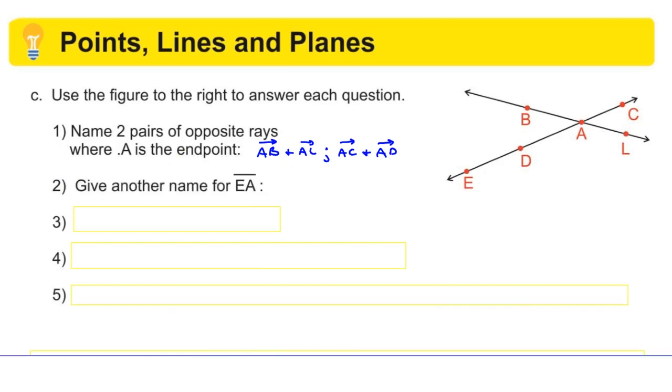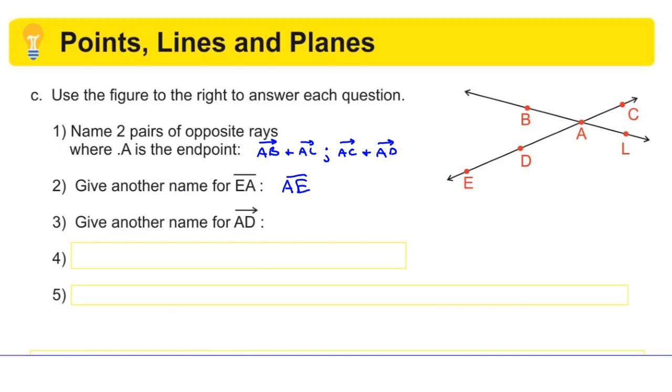Number two, give another name for line segment EA. Can you give another name for line segment EA? Okay, and I hope you said line segment AE, right? We can switch the order. That's point E, point A, and every point in between is line segment EA or line segment AE. All right, what else?